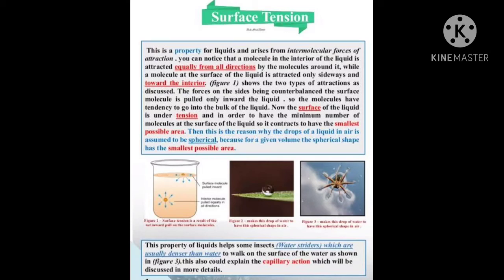mercury appears to be form convex. It is because water possesses more adhesive forces as compared to mercury, and mercury possesses low adhesive forces and more cohesive forces.